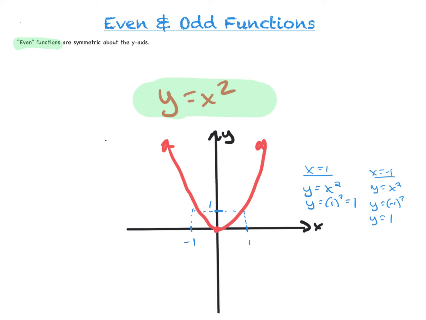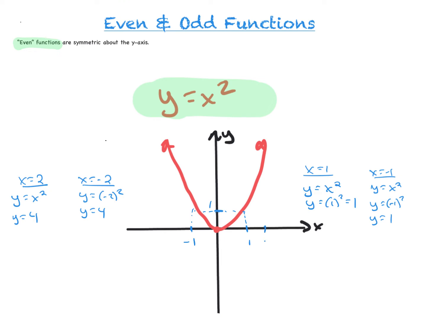And this is true for any x value we plug in. If we plugged in x equals 2 and x equals negative 2, we would get 4 both times, because negative 2 squared still gives us a positive 4.